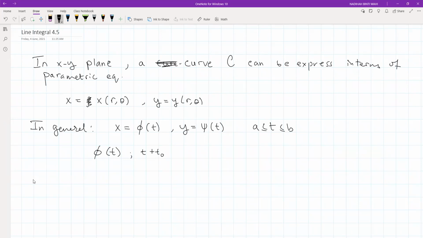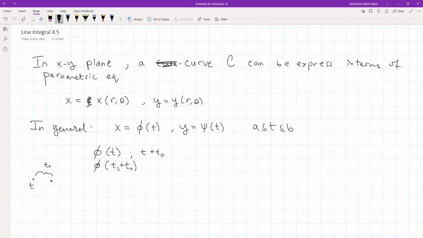So for example, this is t, and this is t naught, so increase by t naught. Okay, so this is the same function but at a different position, perhaps.